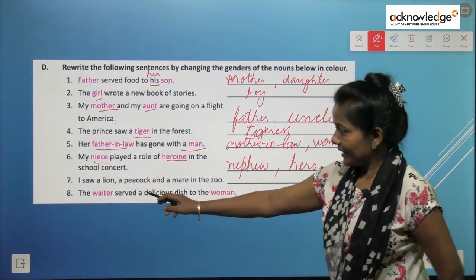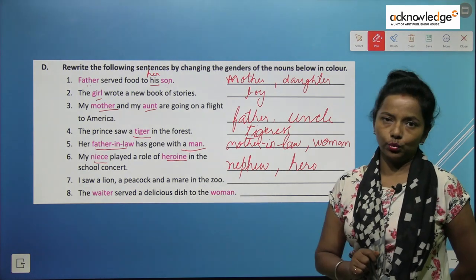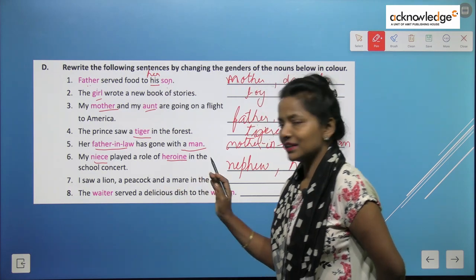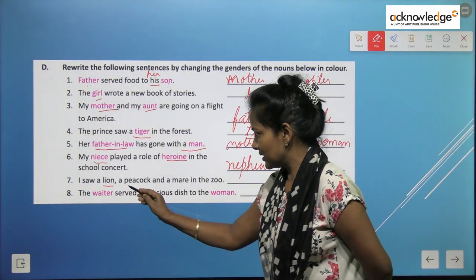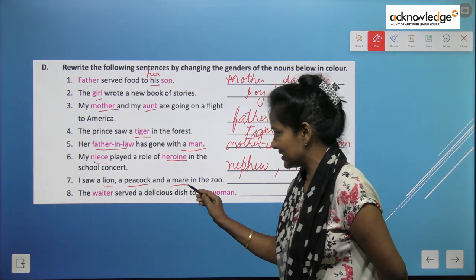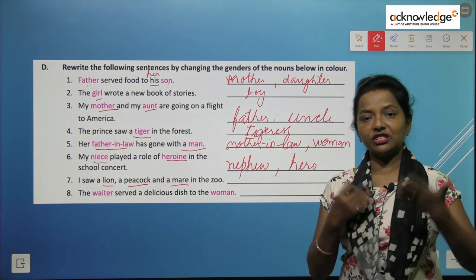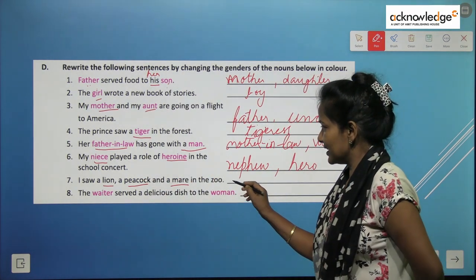I saw a lion, a peacock and a mare in the zoo. Now here children, the words have not been highlighted, but let's change these words. Okay, these nouns. Lion, peacock and mare. Let's change the gender of these three. So lion का क्या हो जाएगा?